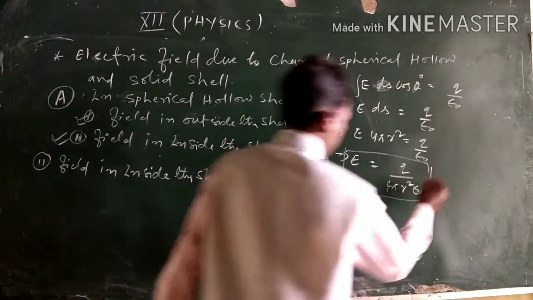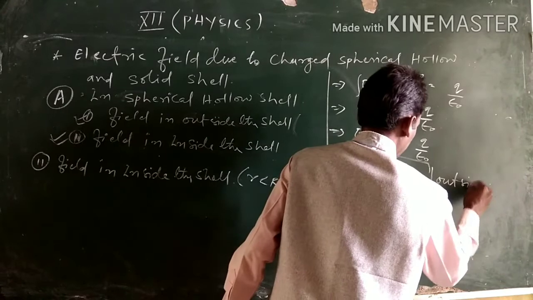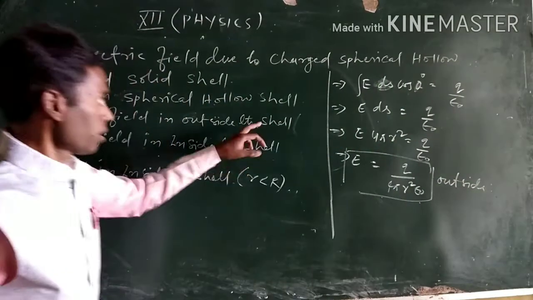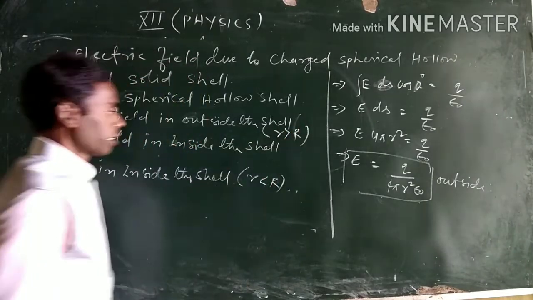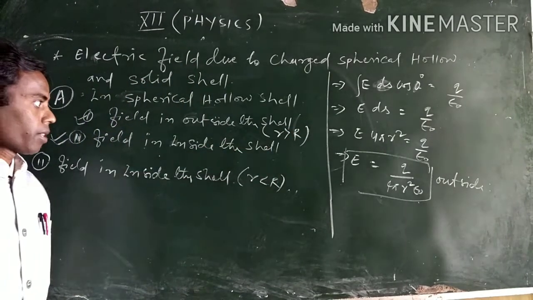This was the field outside the shell, that means its condition was small r greater than capital R.